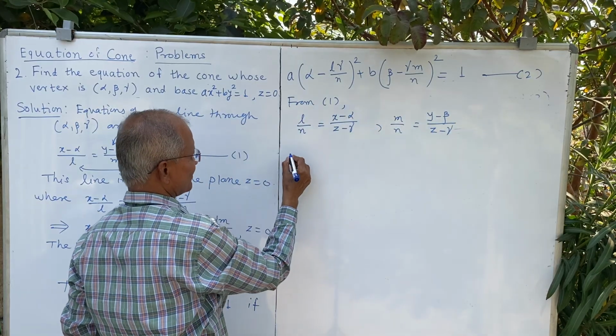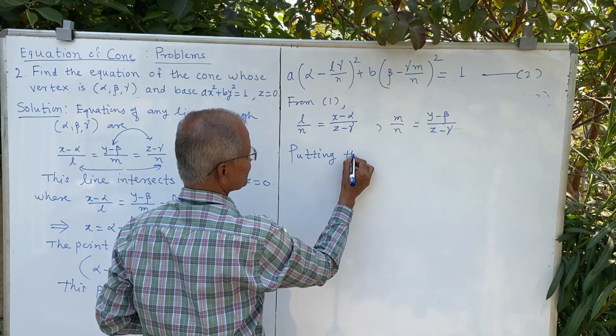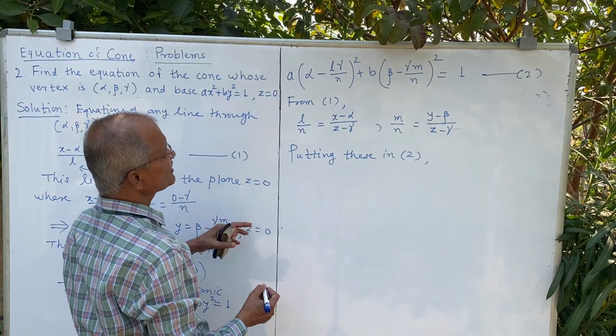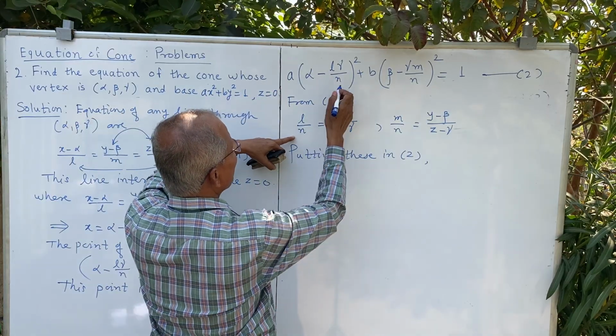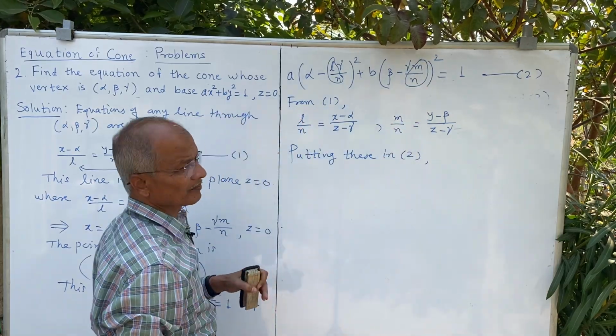Put this in the second. Putting these in the second, put the value of L by n which is here, and put the value of m by n in the second term.